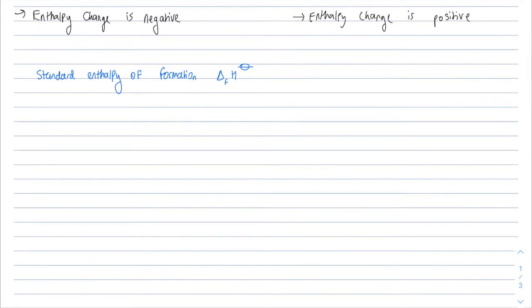Now, let's move on to standard enthalpy of formation. Before we start, I want to introduce you to a term called standard conditions. Standard conditions are going to be used throughout your A-level chemistry course, so I just want to introduce them to you. Standard conditions are as follows.